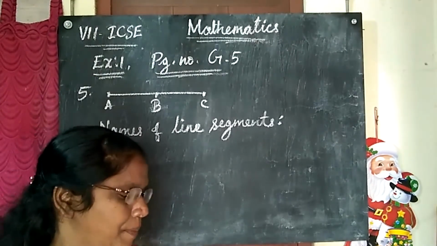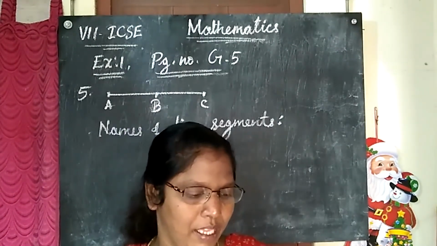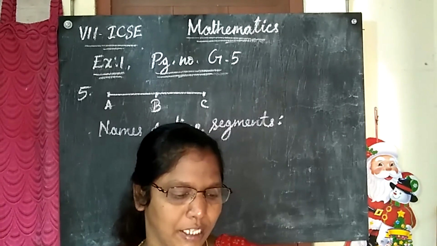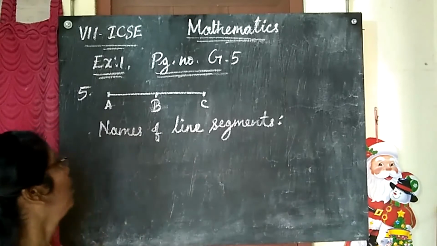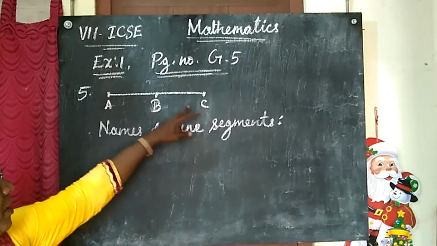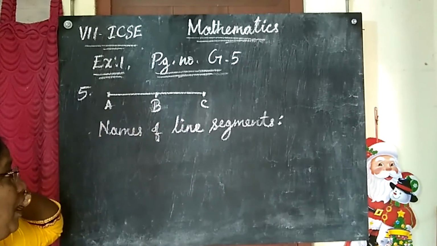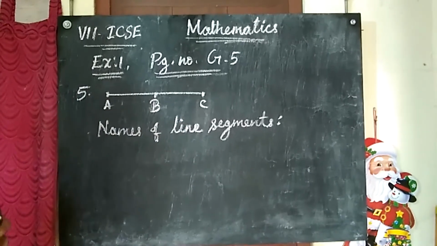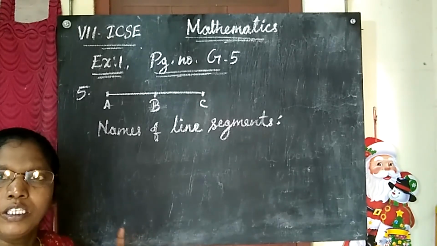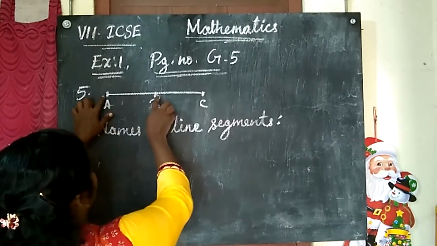Okay, next fifth one. If A, B and C are three collinear points, name all the line segments they determine. Okay, here you see, this is a line segment. We have 3 points A, B, C. They are asking us to name the line segments here. Line segment means what? It will be having 2 endpoints. So from here to here we have 1 segment.